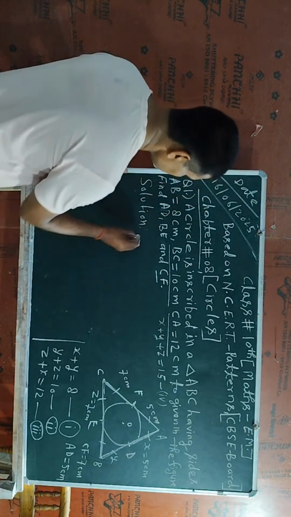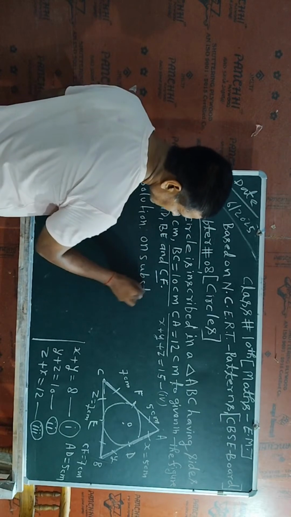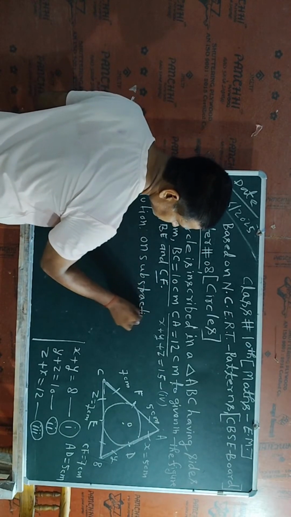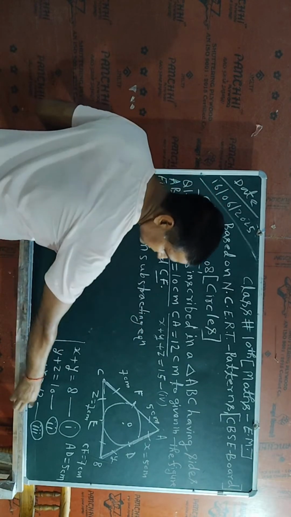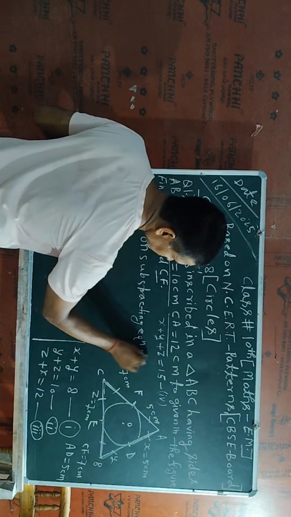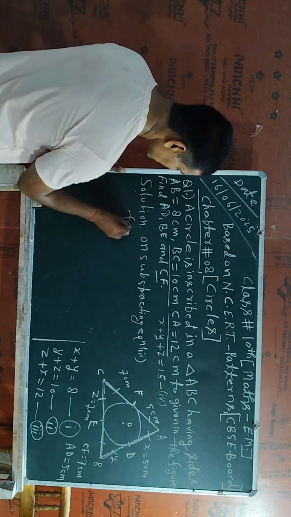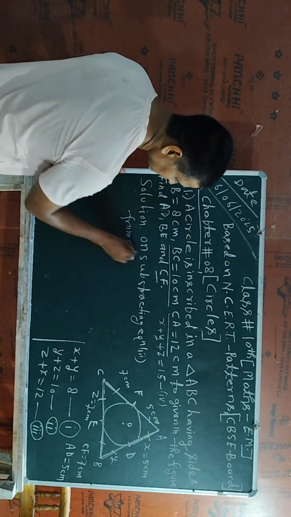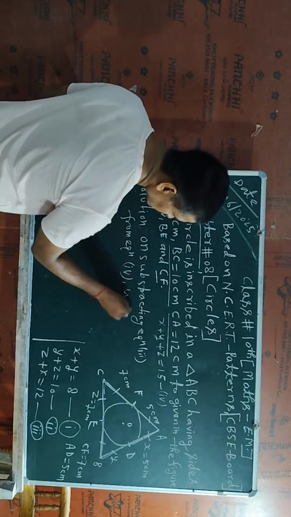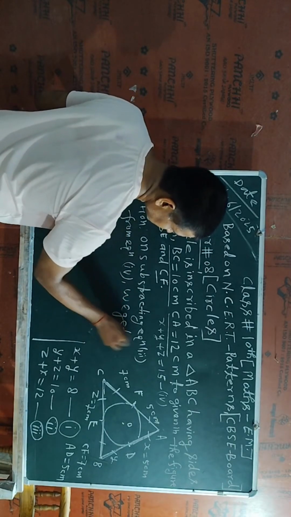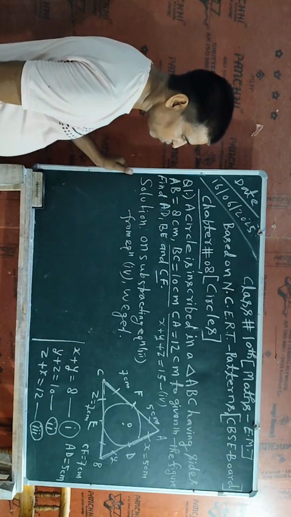Again I will write one piece of information: on subtracting equation number 3 from equation number 4, we get this statement, which I will use for getting the value of y.